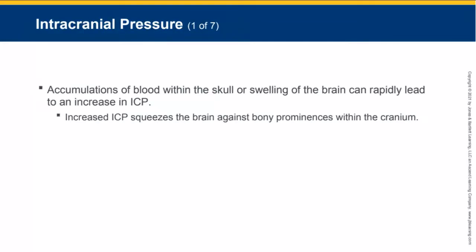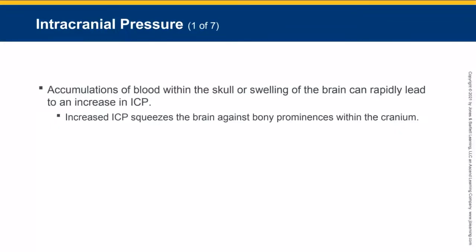Now, intracranial pressure. The accumulation of blood within the skull or swelling of the brain can rapidly lead to an increase in ICP. So this is a pressure. There needs to be a specific pressure inside of the skull to allow the brain to be properly perfused.